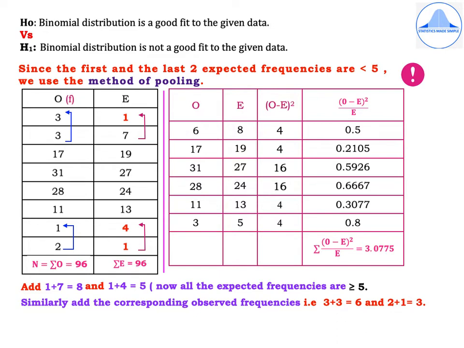Similarly, 4 divided by 19 gives us 0.2105. Take 4 places after the decimal after rounding off. The remaining values are 0.5926, 0.6667, 0.3077 and 0.8. Then calculate summation O minus E whole square divided by E, which is 3.0775.